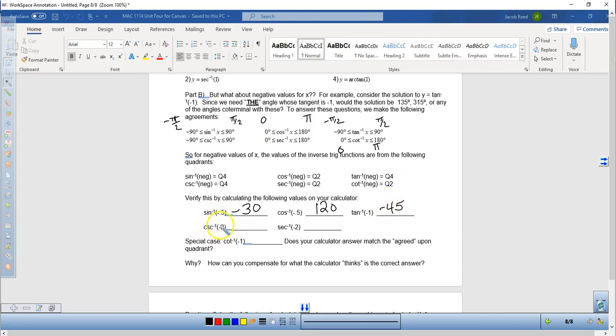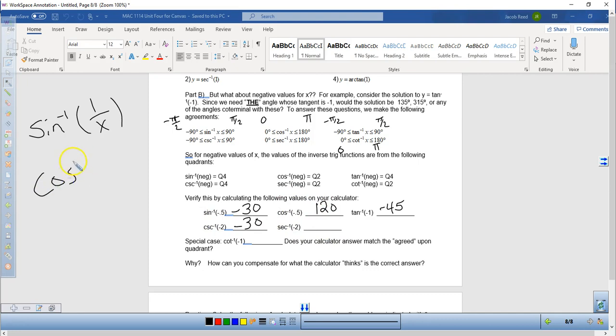Cosecant, now when we type in cosecant, remember we have to do sine inverse of 1 over x. So I'm going to type in sine inverse of 1 divided by -2. And I get -30 degrees. Secant, same thing.